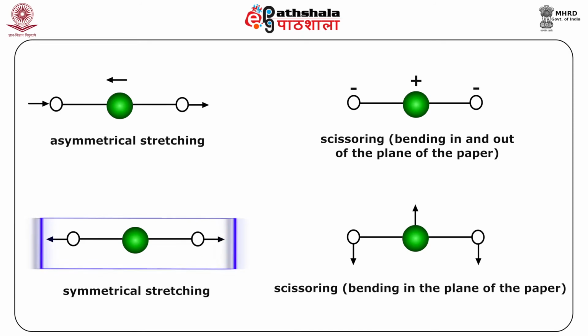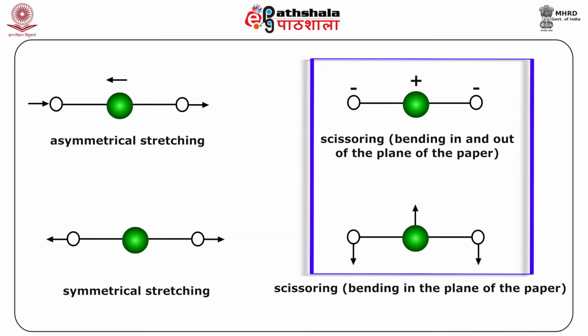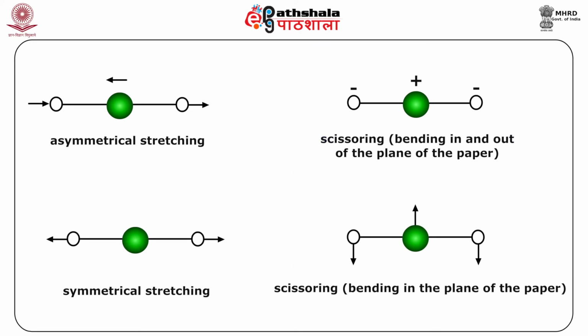The symmetrical stretching of CO2 is inactive in the IR, as discussed before, because the vibration produces no change in the dipole moment of the molecule. The two scissoring or bending vibrations are equivalent and therefore have the same frequency. They are degenerate at 666 centimeter inverse.